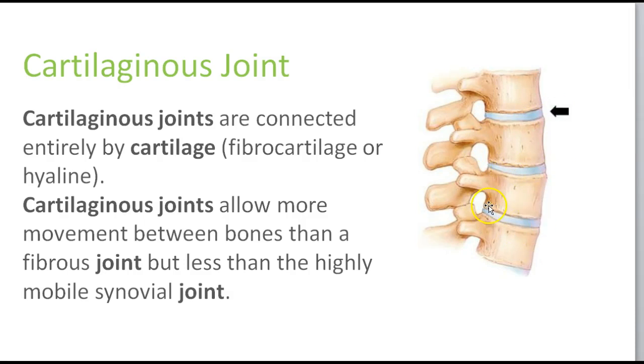When we get older, or with overuse or injuries, this becomes a lot thinner, and we may end up with the situation where we get bone rubbing on bone. We also may get situations where this bone actually moves out or inward from where it should be. So it could be like a bulging disc or a slipped disc, that type of thing.